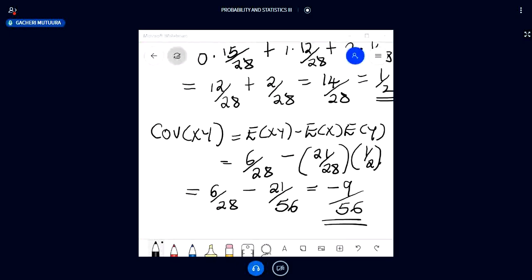Perfect, Dominic. There's some sort of negative association between our variables x and y. There is an association, yes, it's present, as we can see from the value we are getting for the covariance, but it is negative, meaning as x increases, y decreases, and vice versa. They are moving in different directions.